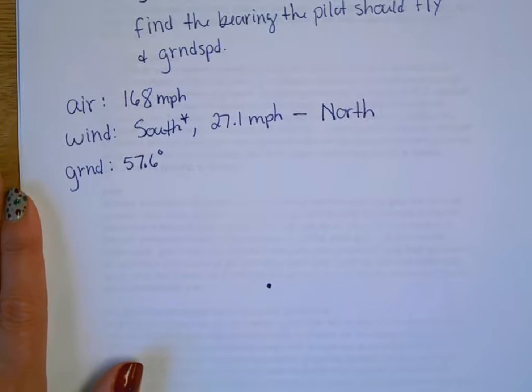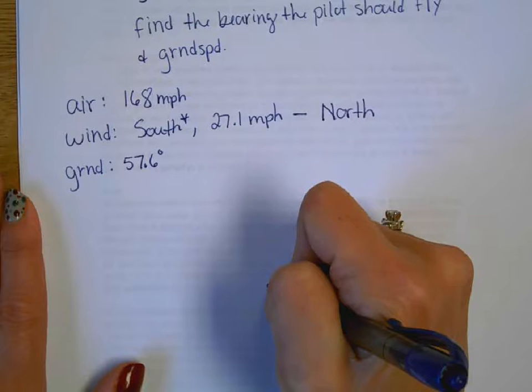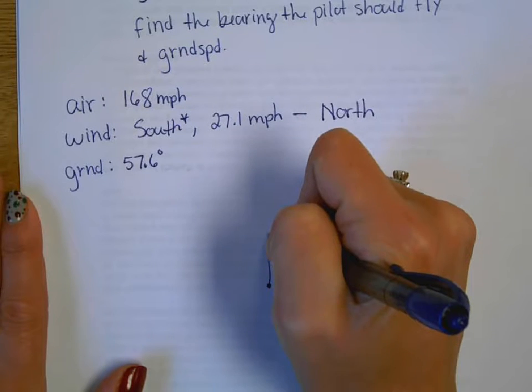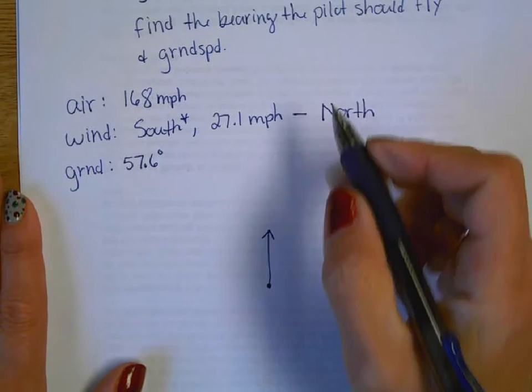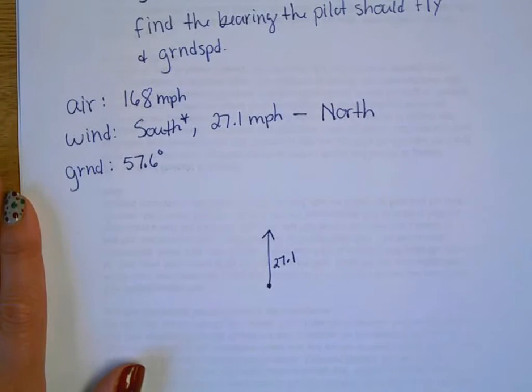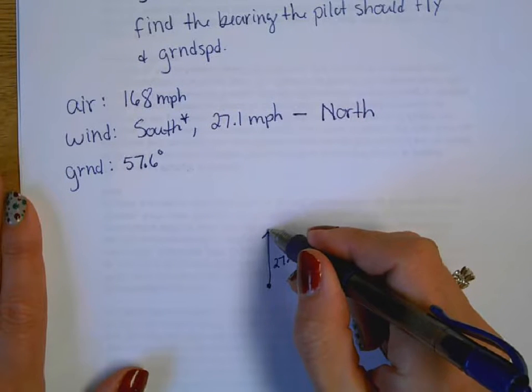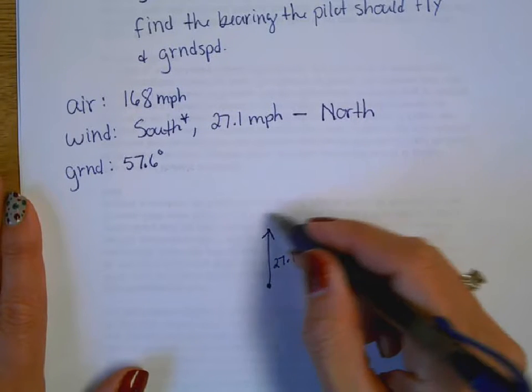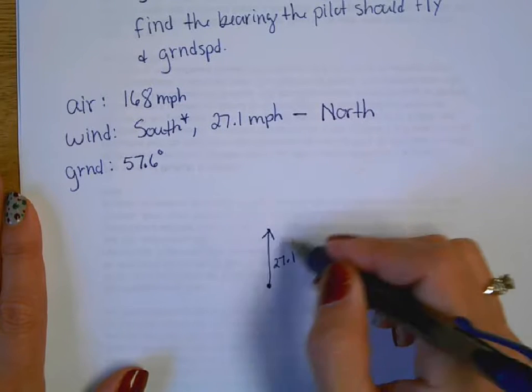What direction do I know the wind is going in? North. And 27.1. Okay. I cannot attach the airspeed yet to this because, again, I still have no idea what direction the airspeed is going in.